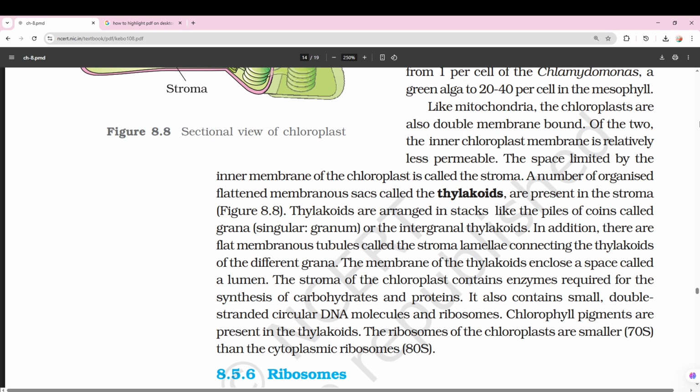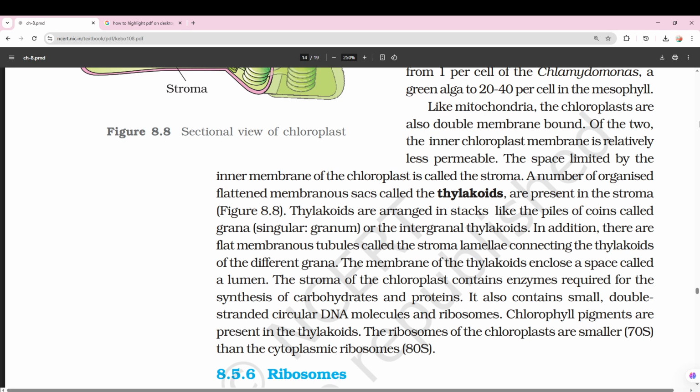membranous tubules called the stroma lamellae, connecting the thylakoids of the different grana. The membrane of the thylakoids encloses a space called a lumen. The stroma of the chloroplast contains enzymes required for the synthesis of carbohydrates and proteins.